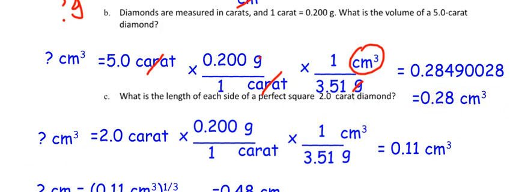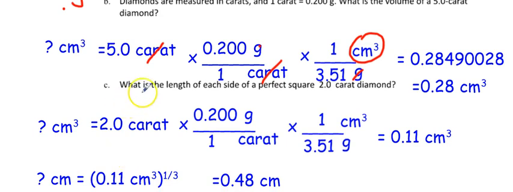Now look at letter C. I kind of like letter C because what is the length? Well, Mrs. Vanderwall, nothing in here gives me meters. All right, what am I supposed to do? Well, you do have volume. And if it's a perfect square, perfect cube, if you will, that's what I'm assuming when it said a perfect square diamond there. This is my volume of 0.11 cubic centimeters.